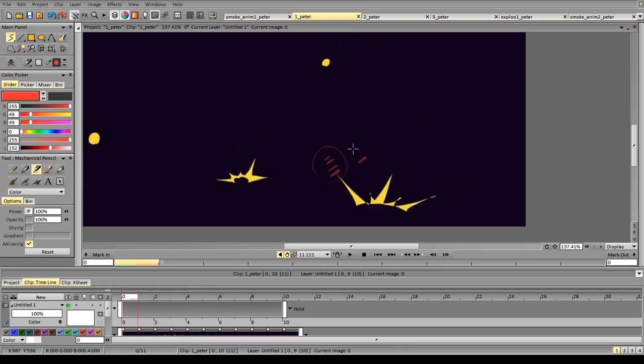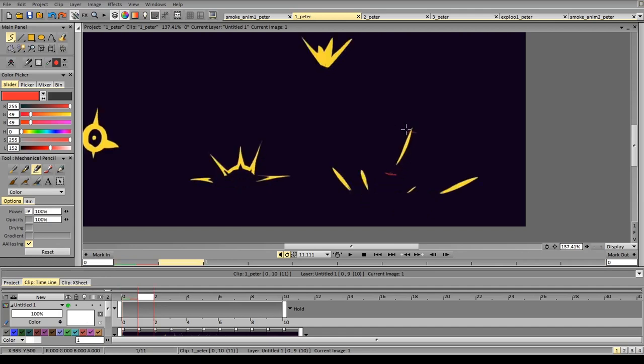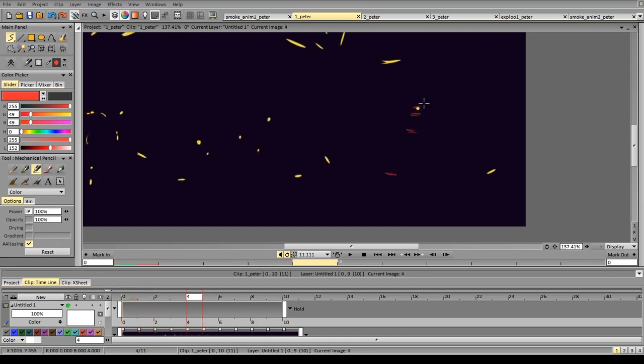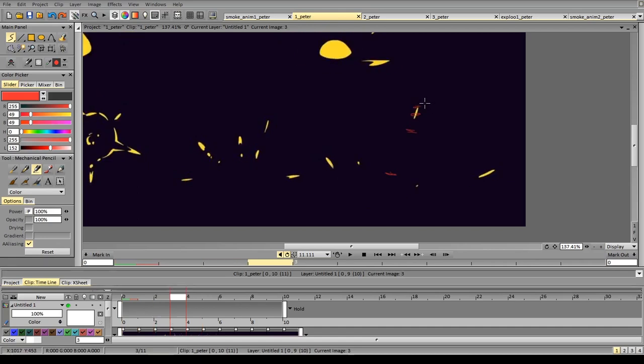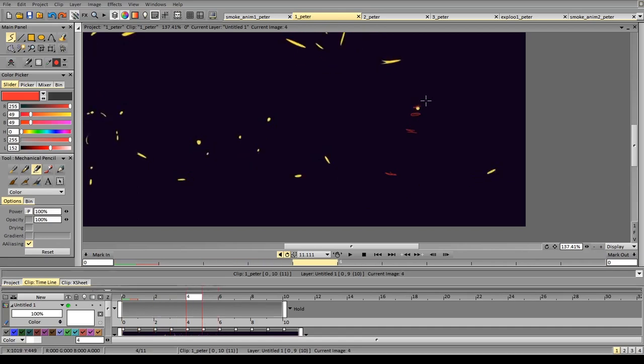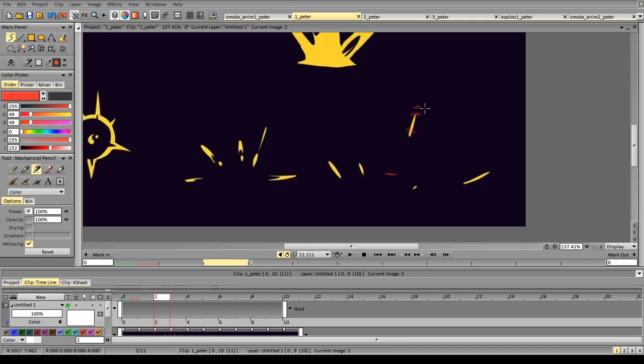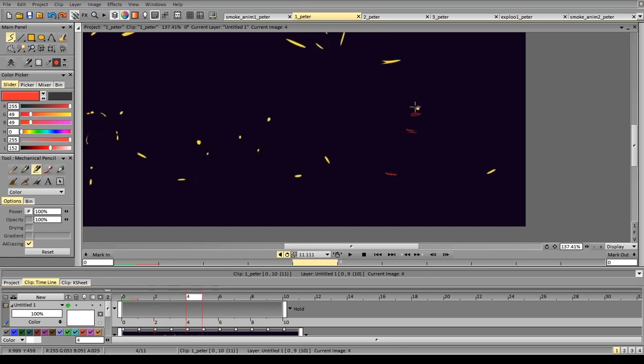So I would probably move it more and then start decelerating it. Here it stops just a little bit too fast as it goes from this to instant stop.